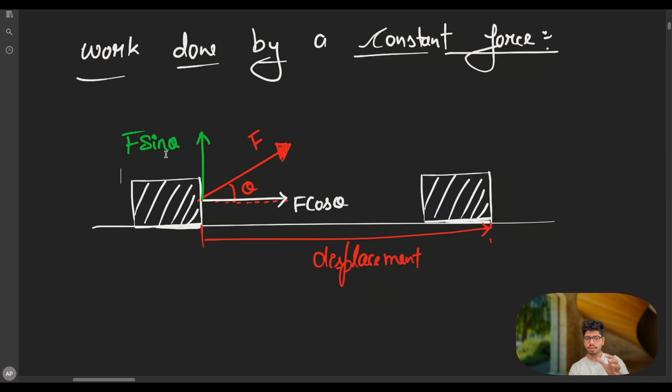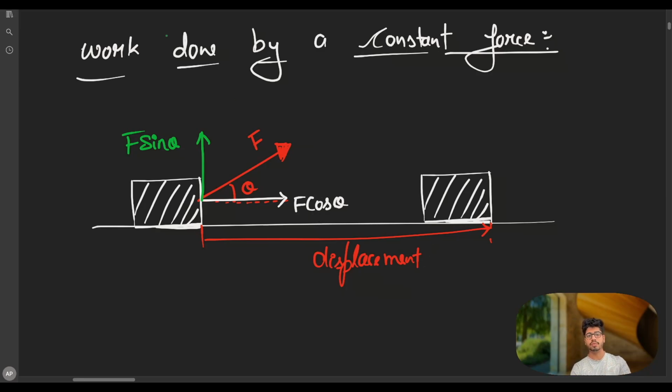Just think about it logically also. Is there any contribution from the force acting upward? Is it possible that this upward force can displace the block horizontally? No. So we never talk about the component of the force acting upward, because it is not dragging the block or box in the horizontal direction. We take only the component of the force that is dragging the box in the horizontal direction.